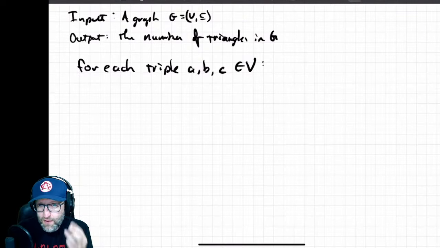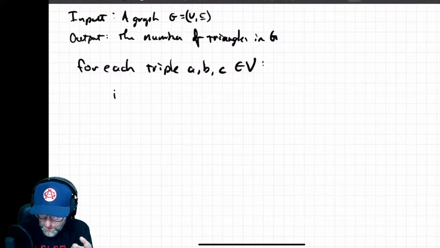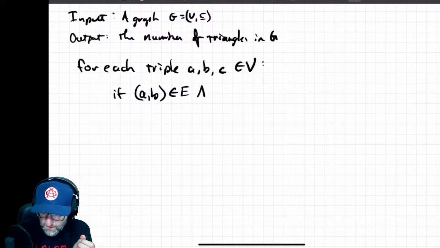Now we need to verify that these 3 vertices actually form a triangle. So if A, B is connected, that is an edge, and I'll go ahead and use the old school or the mathematical caret here. That's and. If you want to, you can go ahead and say and instead. Right? I'll go ahead and go with and here.